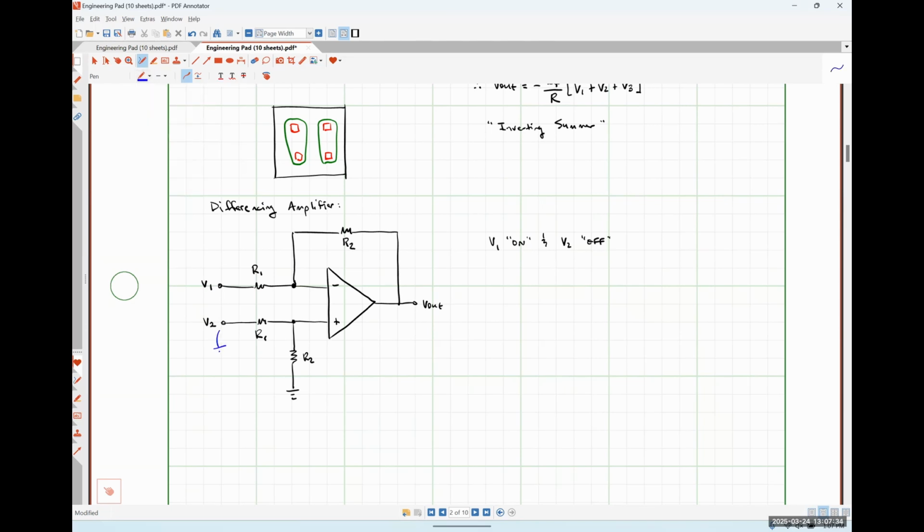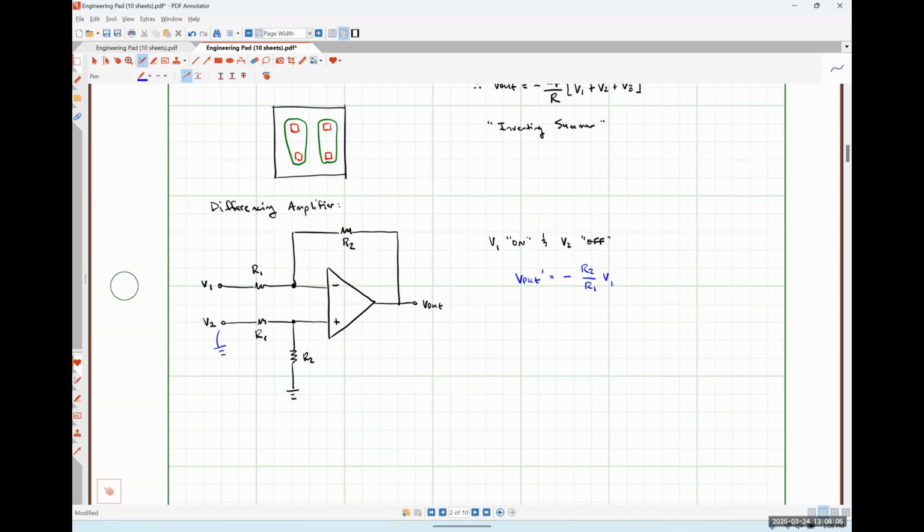And V2 off. So if I were to ground this guy so that V2 was off, what kind of amplifier would I have? Just inverting. Just a simple inverting amplifier, right? So we could see that V out prime is going to be negative R2 over R1 times V1.